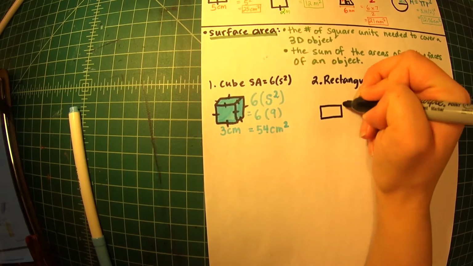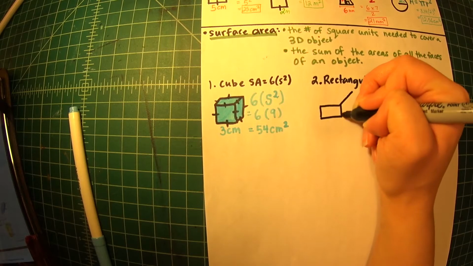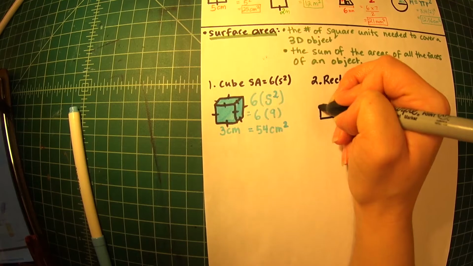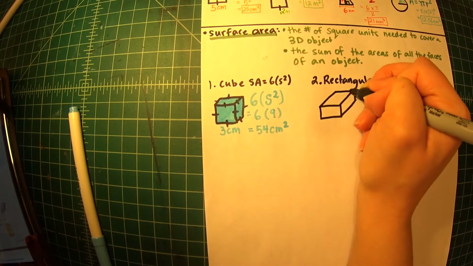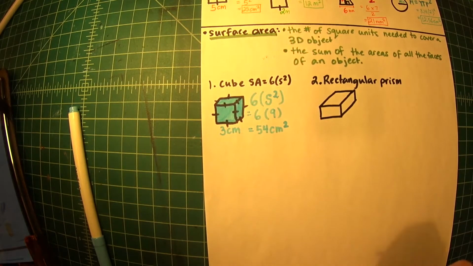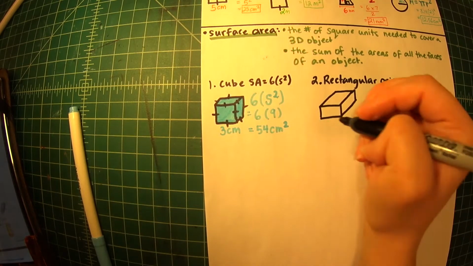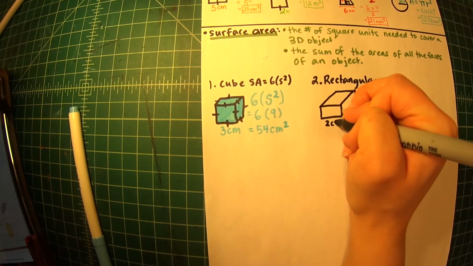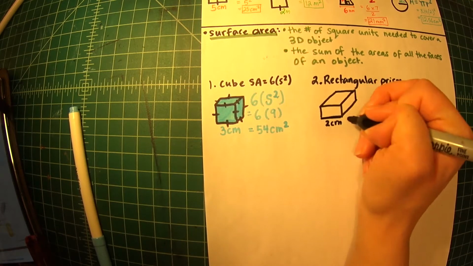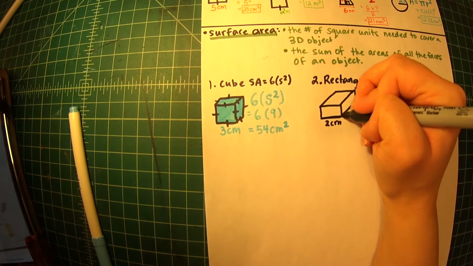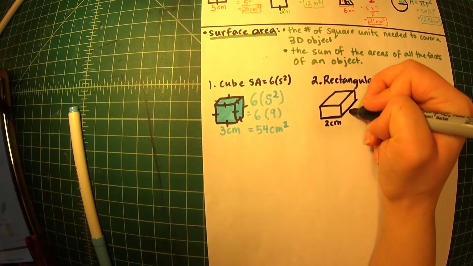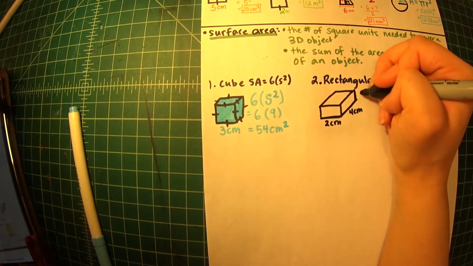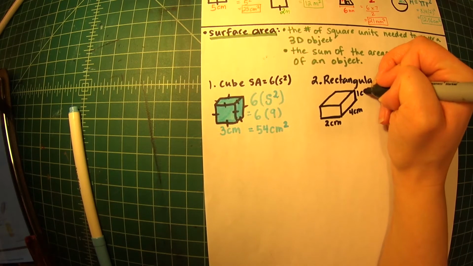There's a rectangular front face, and then reaching backwards, there's my rectangular prism, and the diagram indicates to me that this length right here is 2 centimeters. This length right here is 4 centimeters, and this height right here is 1 centimeter.